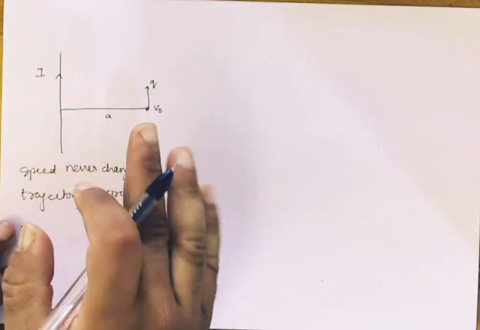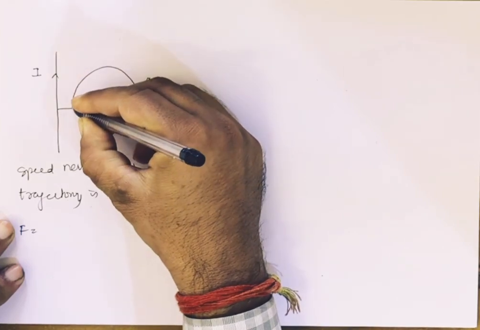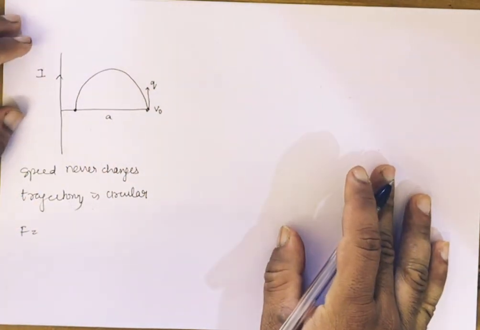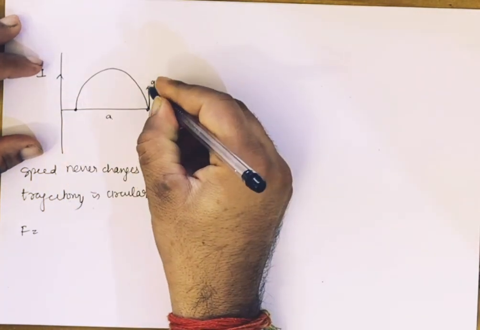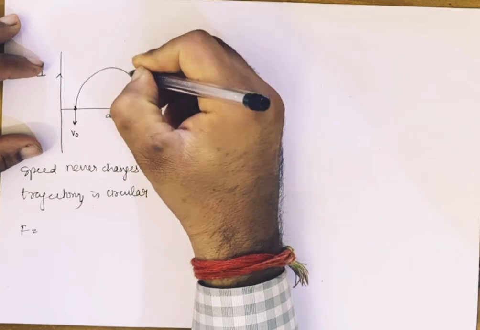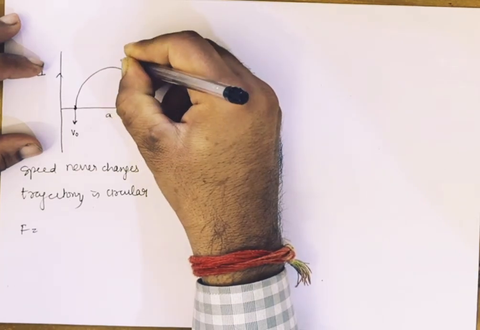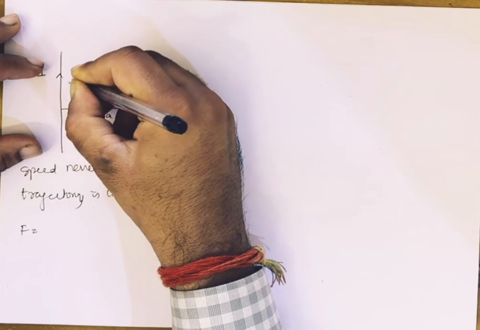The question clearly says it's moving towards the wire, so the charged particle is going to move like this. Turns around means a 180-degree turn. It started with v0, so it will have to be v0 at the end as well. At every instant the net speed will always be v0 because in a magnetic field speed never changes.